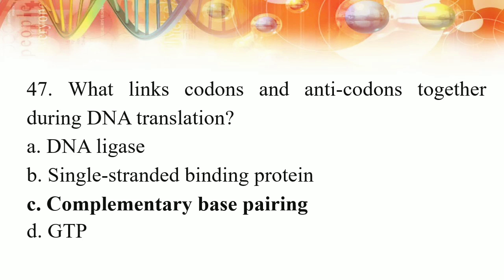Single-stranded binding protein binds with DNA, but it does not bind well to double-stranded DNA. GTP, or guanosine triphosphate, is an energy-rich nucleotide analogous to ATP that is composed of guanine, ribose, and triphosphate groups and is necessary for peptide bond formation during protein synthesis.